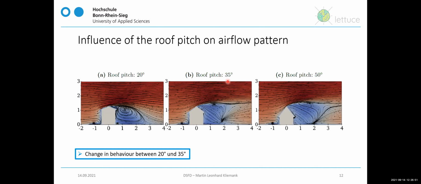But we can see that between 35 and 50 degrees, there's quite little change. Whereas between 20 and 35 degrees pitch, there's quite a large change from having just one large vortex to several smaller ones, which leads us to believe that there's some kind of a more drastic change in the behavior between a roof pitch of 20 and 35 degrees.